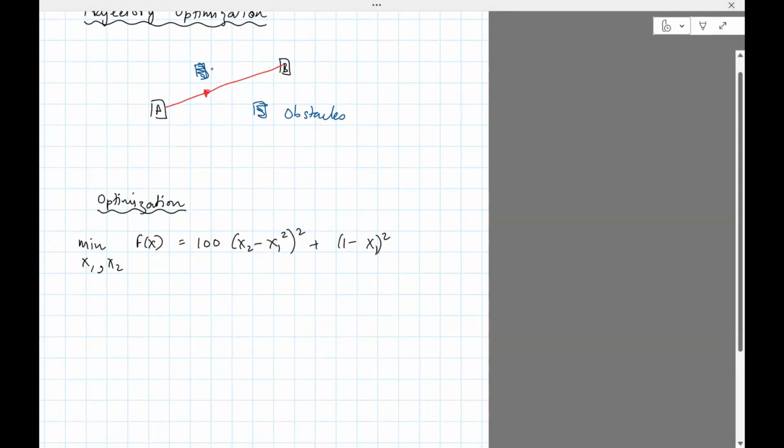Okay. There are many ways to solve this problem. Here's one way. You can graph this. So a graph for a function of 2 dimensions will be something like this: x1, x2, f of x.